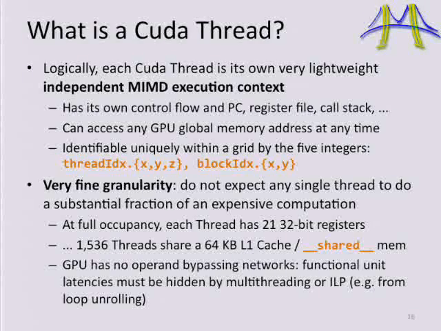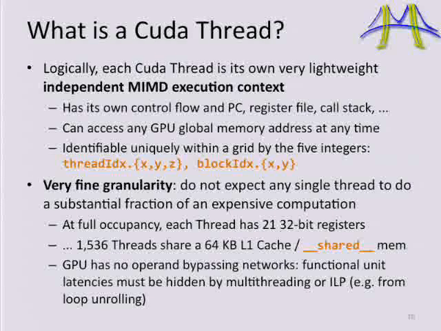So if you saw the talks about MPI, there's this notion of a rank, where you can sort of identify yourself as a thread. In CUDA, there are actually 5 integers you use to identify yourself, your thread index and your block index. The thread index is potentially 3-dimensional. Frequently, you just use only the first dimension. Same with the block index.